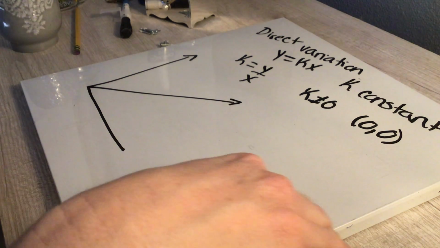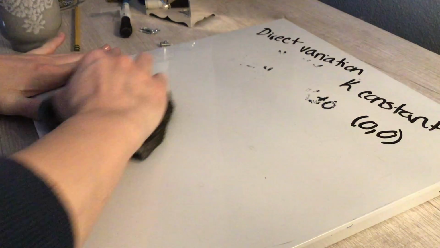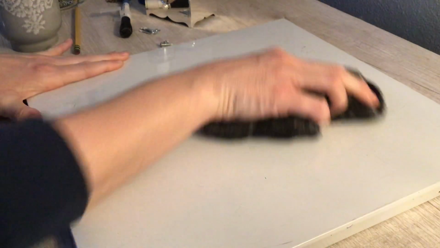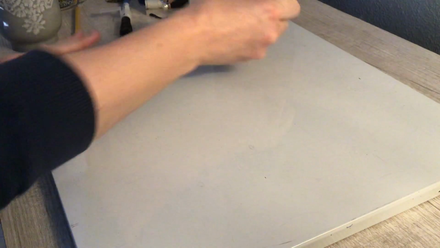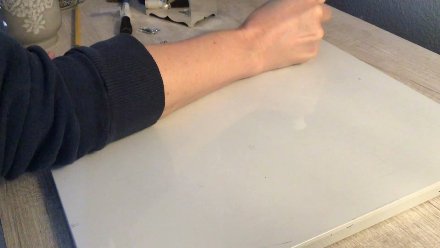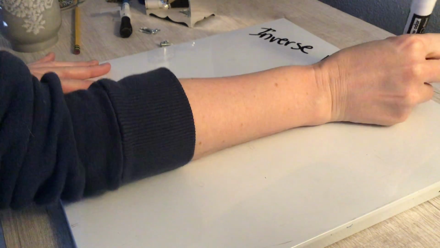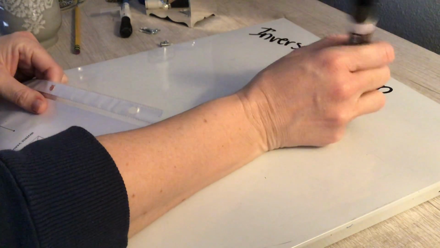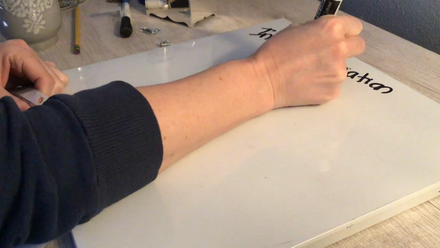Then you have inverse variation. And what inverse variation is, it says that x and y vary inversely for a constant k if x times y equals k.